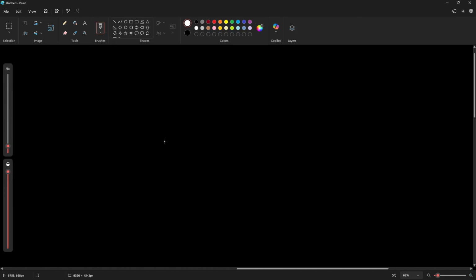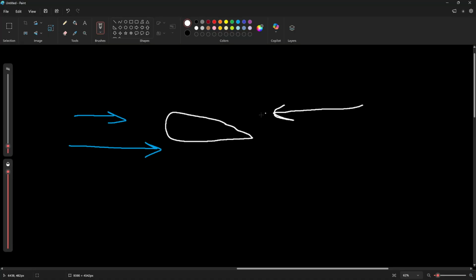Now we are going to talk about relative wind. Relative wind is wind that goes against the airfoil. So when we're flying this way, the relative wind is the wind that comes in the opposite direction, as you can see here, to the airfoil.